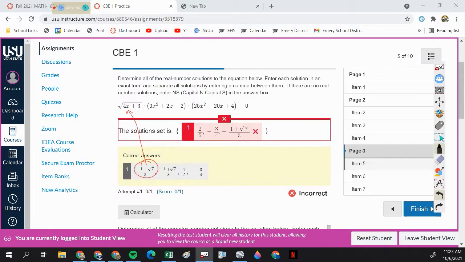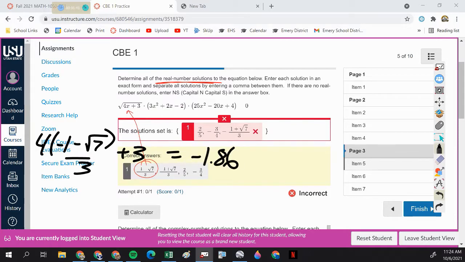Wait. Okay, so notice it says real solutions. So if we end up with an i, that should not be an answer. So 4 times negative 1 minus the square root of 7, divided by 3, plus 3. I get negative 1.86, so this is a mistake.